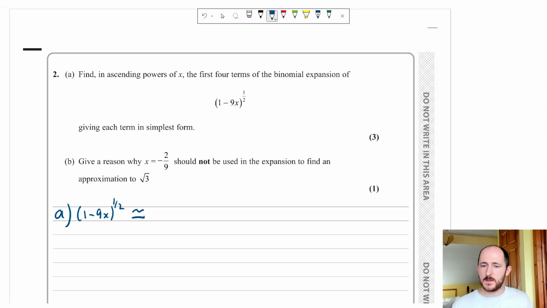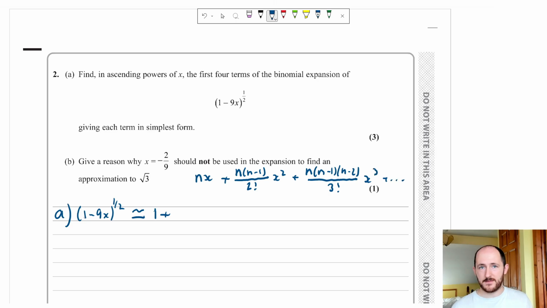So the first value is always 1, then it's plus n times x, then it's n times n minus 1 over 2 factorial times x squared, plus, and then you follow this kind of pattern where you're constantly subtracting 1 from the numerator. You're adding another term that's 1 less in the numerator, adding 1 to the denominator, and that goes on forever.